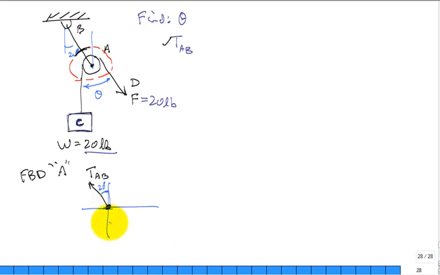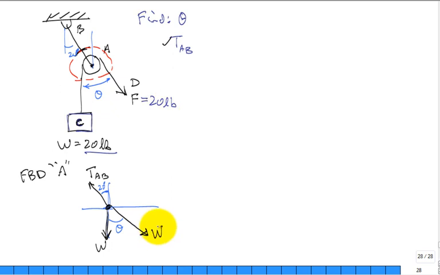We're going to have a force going down. What is that? That's our weight. And then we're going to have this going down, which is our F, which we just concluded was our weight. This angle right here is angle theta. So let's just get rid of that and just call it weight.